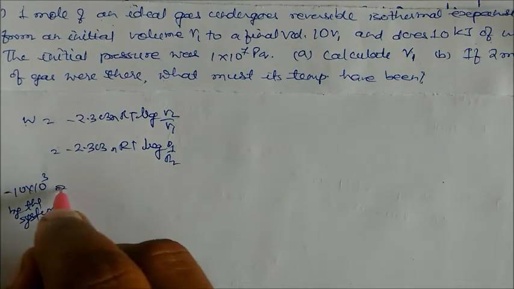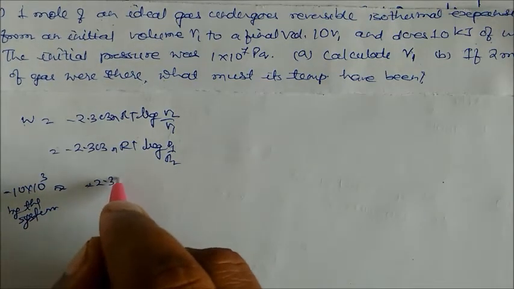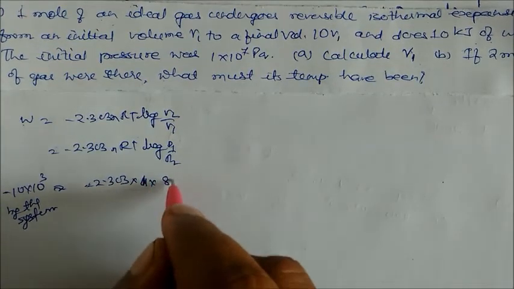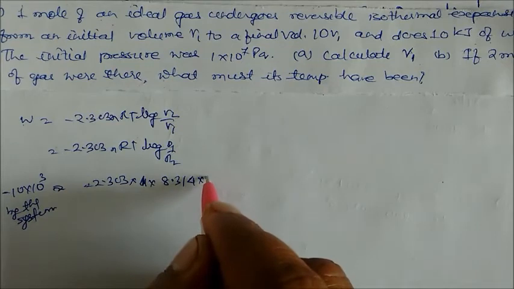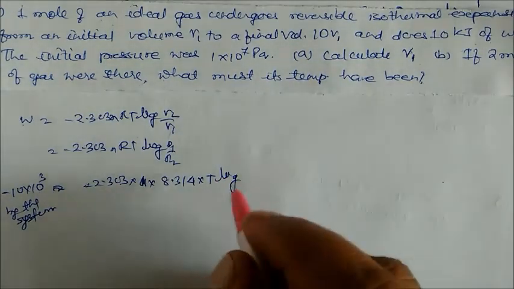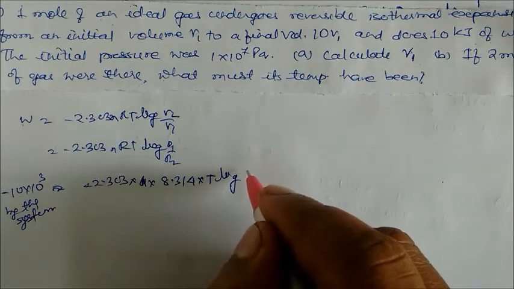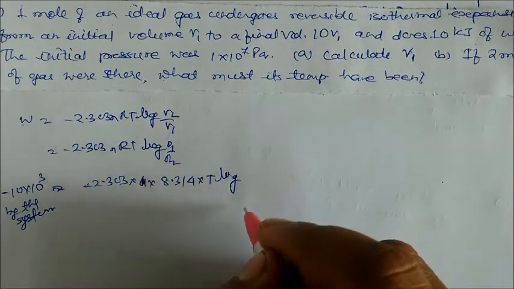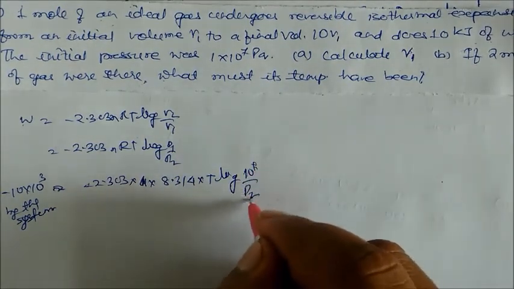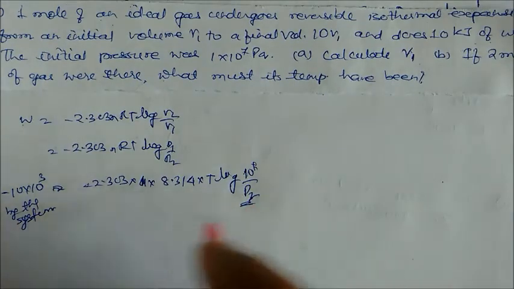So this equals minus 2.303, and n is 1, and R is 8.314, and temperature is T, and log of P1 by P2. P1 is given here already, that is 10^7, but we don't know the second pressure, so 10^7 divided by P2. We can find out P2, no problem.